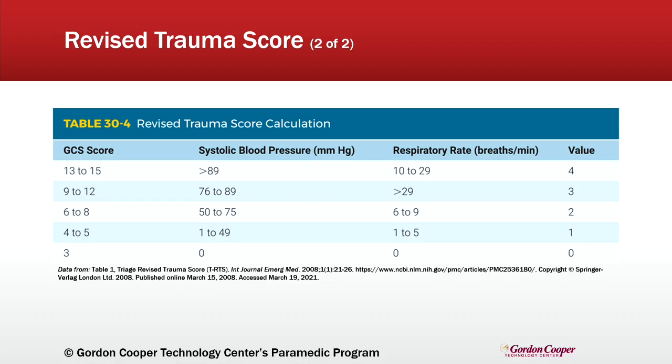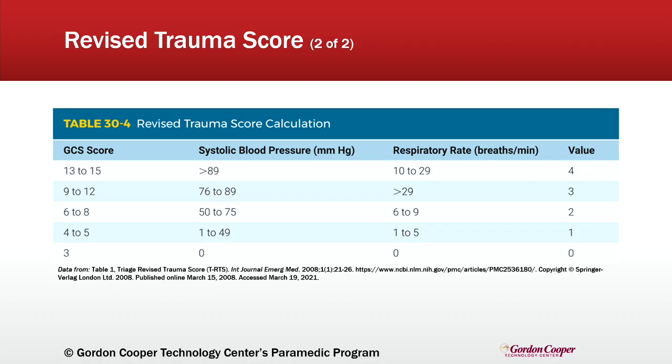This is going to be most helpful in those head injury patients. And where this is going to be really beneficial, it's not like you're going to do this score one time. You're going to do it a few times along the way, as with your GCS as well, especially if your patient's condition is changing along the way.